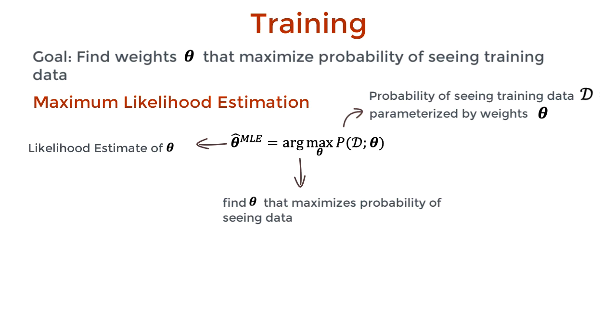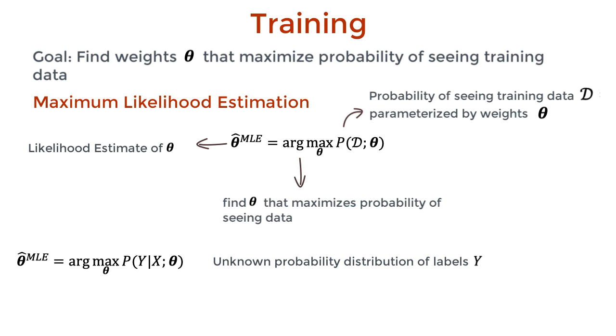In place of the dataset D, we can write y given x. As in training, we want to maximize the probability of the specific labels y given the specific features x. Now this P of y given x colon theta here is some unknown probability distribution that the values y can take given some x and parameterized by theta.